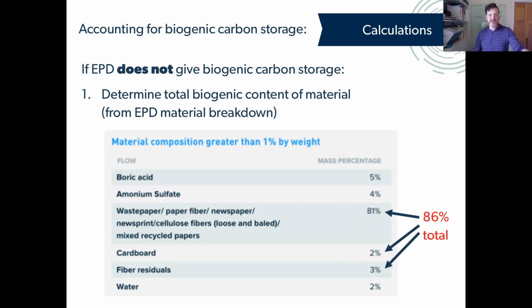So here you can see they're telling us how much of the cellulose insulation is fire retardants, the boric acid and the ammonium sulfate, how much is recycled paper products, how much is cardboard, how much is fiber residuals, sweepings from factories, and how much is water. And so I can take from here that 86% of the mass of cellulose insulation is biogenic.